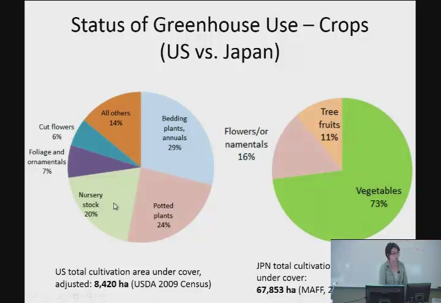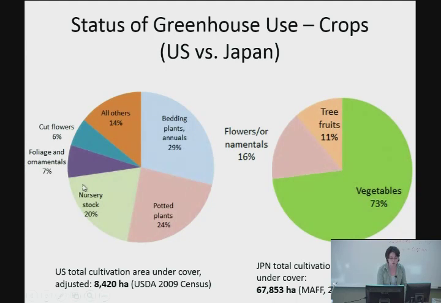But the point I want to make here is that Japan has 73% vegetables. Out of the total area of greenhouses, 73% is used for vegetable production. In the US, where are vegetables? It doesn't show here. It's in others. So it's less than 10%, maybe 5%.